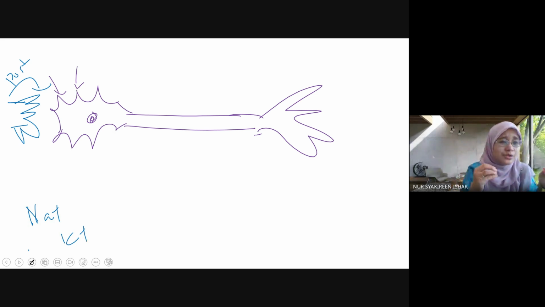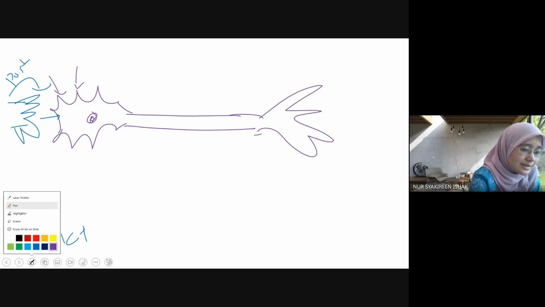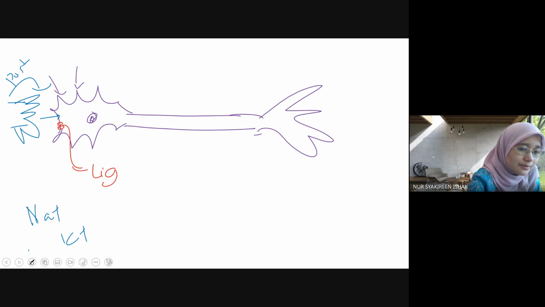In order for sodium ion to enter the neuron that is receiving the electrical impulse, on the dendrite of that cell there is the ligand gated channel.